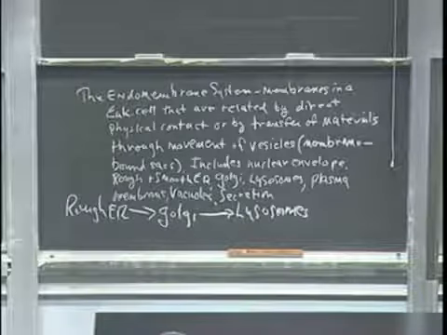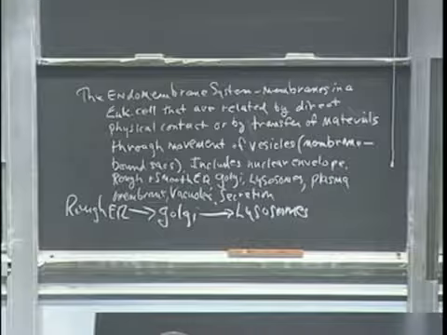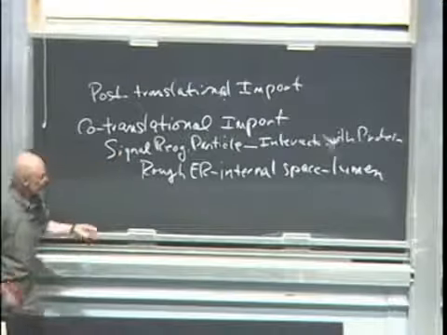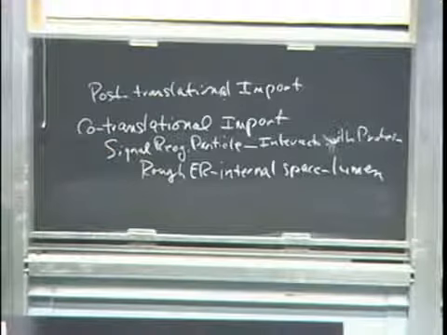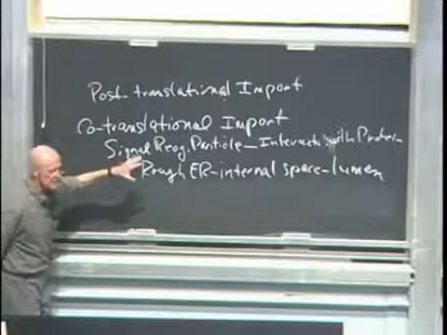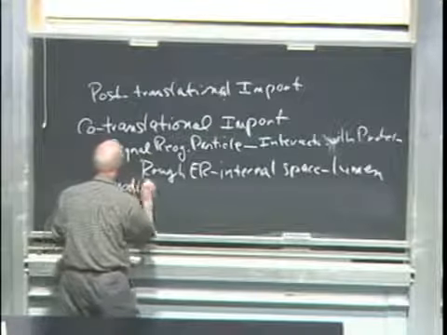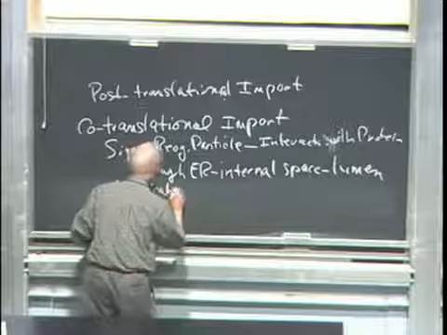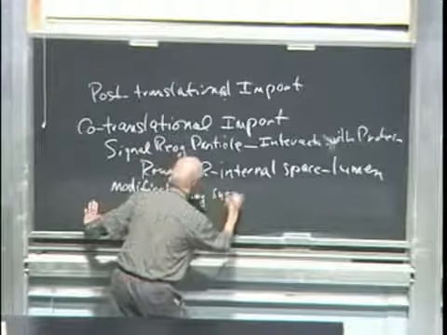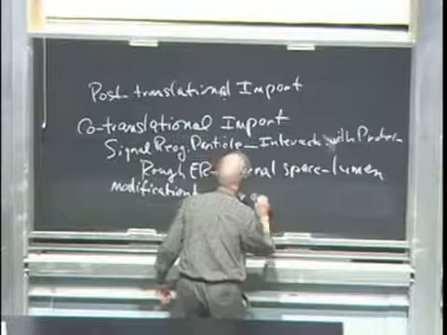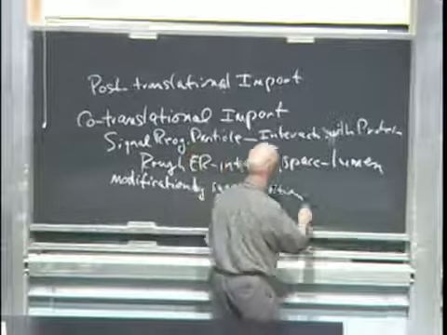So what you have to become aware of, familiar with, is the difference between this process and this process. The second one is fairly complicated. It involves modification by sugar addition. And there's a term for this. We have a term for everything.